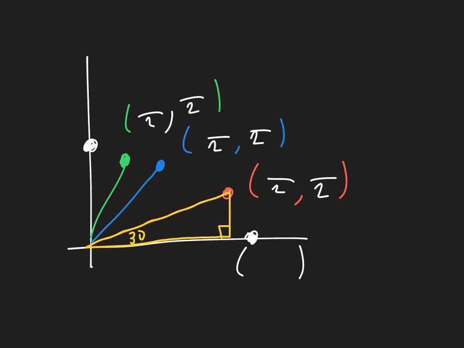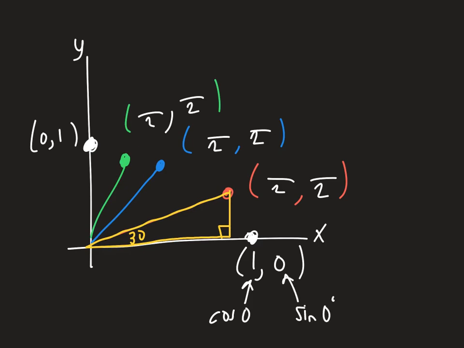If the radius of the circle is 1, then that distance from the origin is always going to be 1, so that coordinate would be 1, 0. And up here, if this is the y-axis and this is the x-axis, if you're 1 unit above the origin, the coordinates are 0, 1. So that is the cosine and the sine of a 0-degree angle: down here is the cosine of 0, and this is the sine of 0 degrees, and so on.